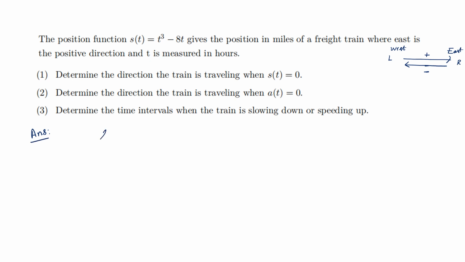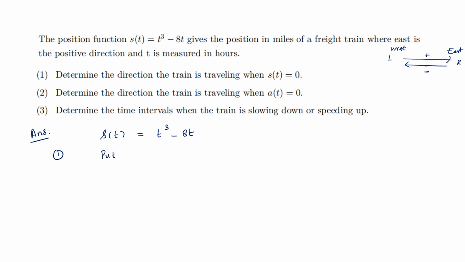What is s of t? It is given to you. s of t is equal to t cube minus 8t. So for the first question, put s of t equal to 0.